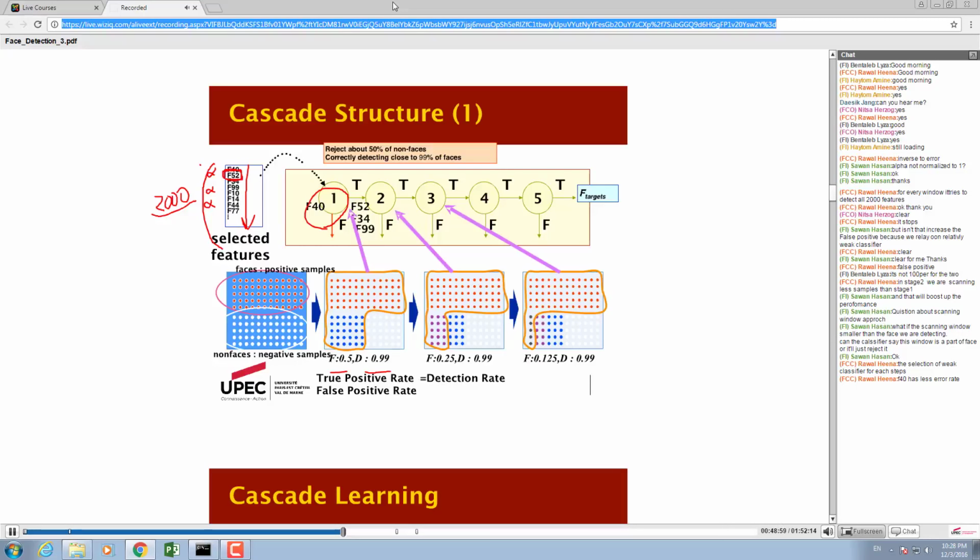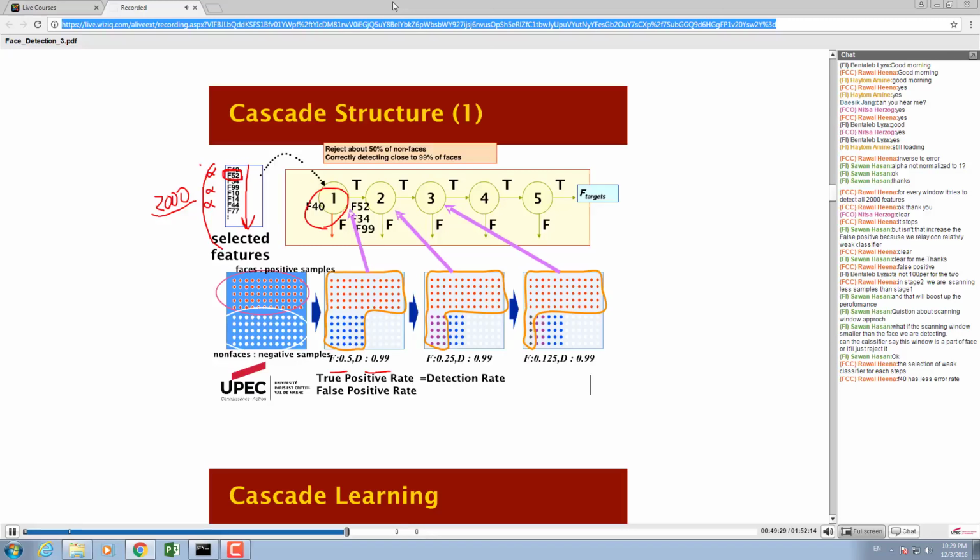If F40 satisfies these two numbers, 99% true positive rate and 50% false positive rate, then it's done. So how can you know that? We can test this stage 1 classifier with all the samples we input.